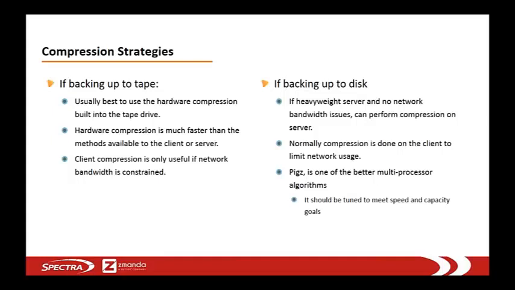If the clients are highly capable and your server is not, then it's probably best to do the compression on the client. If you do have a heavyweight server, then it's probably better to do the compression on that server. And you're going to want to pick a compression algorithm that's going to work well on your server. Our customers frequently choose PIGZ as it's one of the better multiprocessor algorithms.